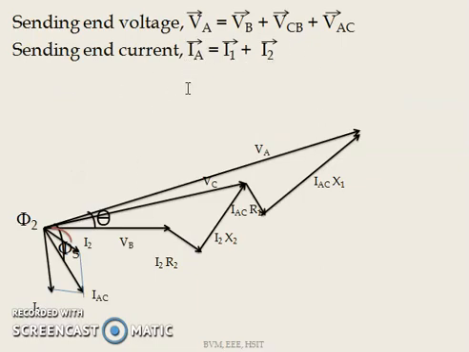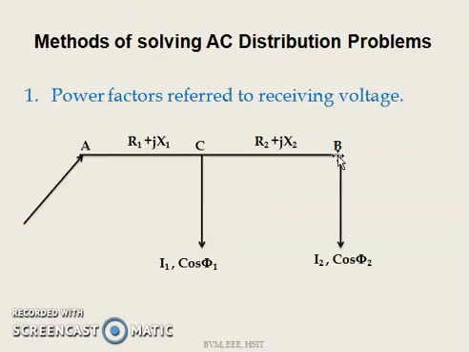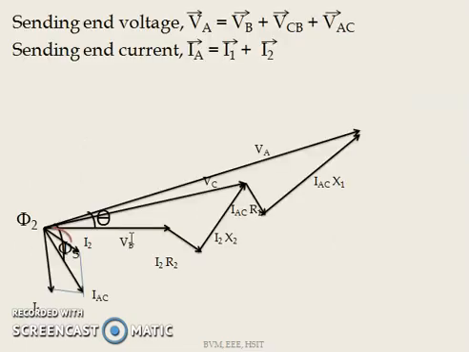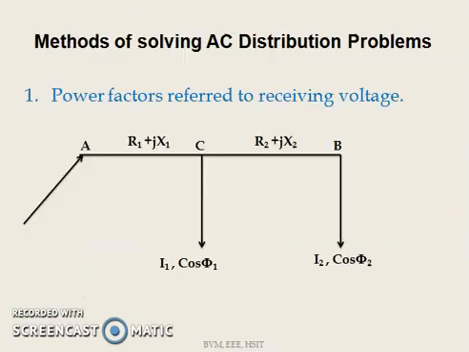Now let us draw the vector diagram. While drawing the vector diagram, you should remember that we are considering the power factor referred to the receiving end voltage. Therefore, VB is the voltage at this point, the receiving end voltage, and it is taken as the reference.